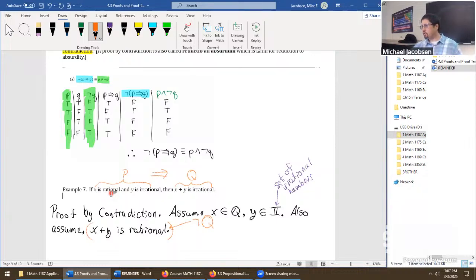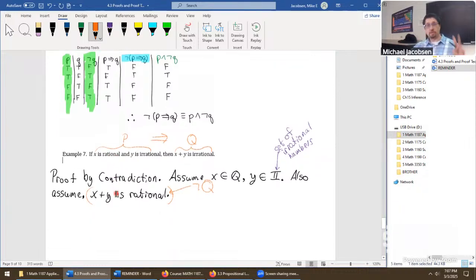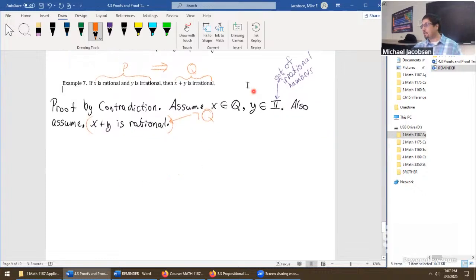Okay, well, let's start then with some of our assumptions. We made two big ones. One assumption is that we have an actual rational number here for X. The second assumption is that X plus Y is rational.